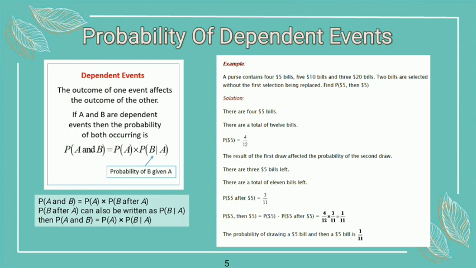So, the probability of $5 then $5 equals the probability of $5 times the probability of $5 after $5, which equals 4 over 12 times 3 over 11 equals 1 over 11. The probability of drawing a $5 bill and then a $5 bill is 1 over 11.